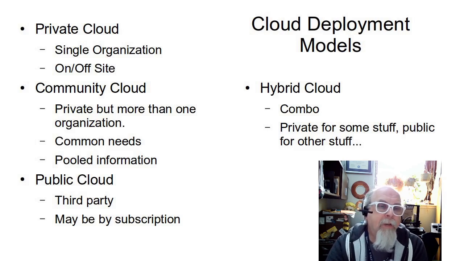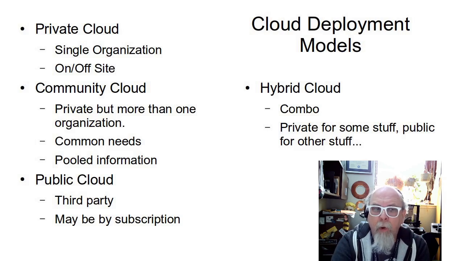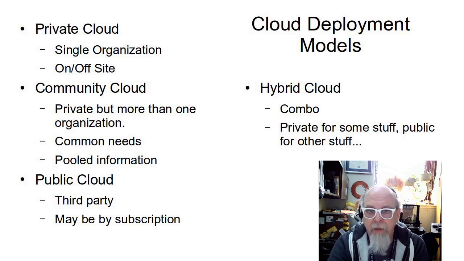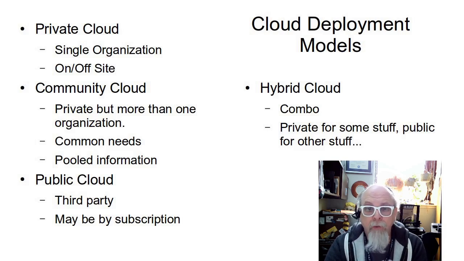There's the idea of a community cloud, which is a private cloud, but more than one organization may use it. So, for instance, maybe you've got different researchers at multiple colleges working on a single project, or you've got multiple vendors working on a single project, but you want it to be relatively secure.